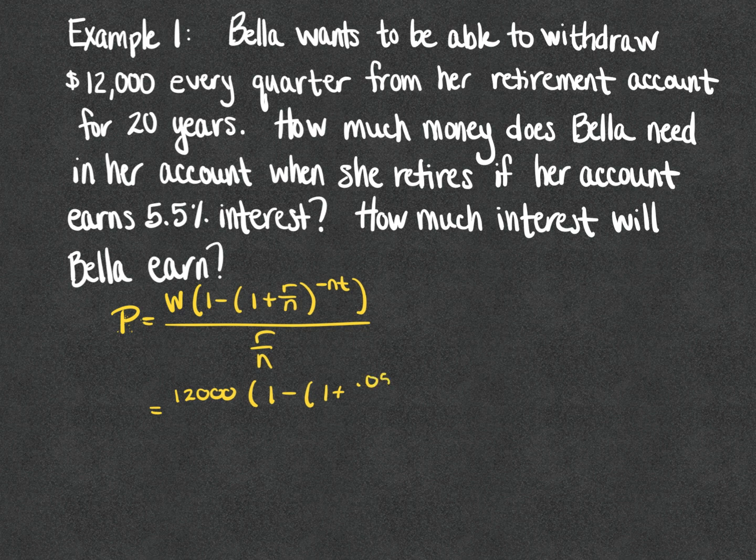The interest rate, 5.5%. She wants to take out this money every quarter, so N is 4. And she wants to do this for 20 years.